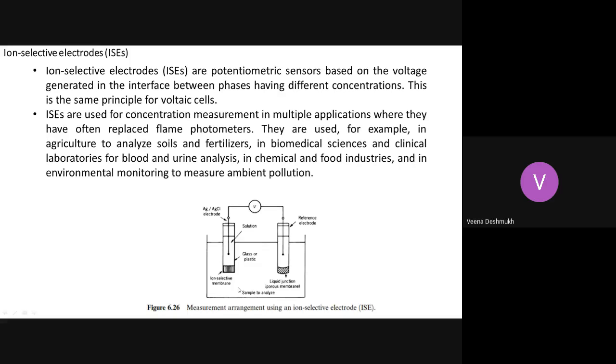Or for any bacterial infection, usually ofloxacin or some medicines are used, what is the concentration level of the chemicals present in that? To monitor and control them, these sensors are used. So in biomedical sciences and clinical laboratories, they are used.